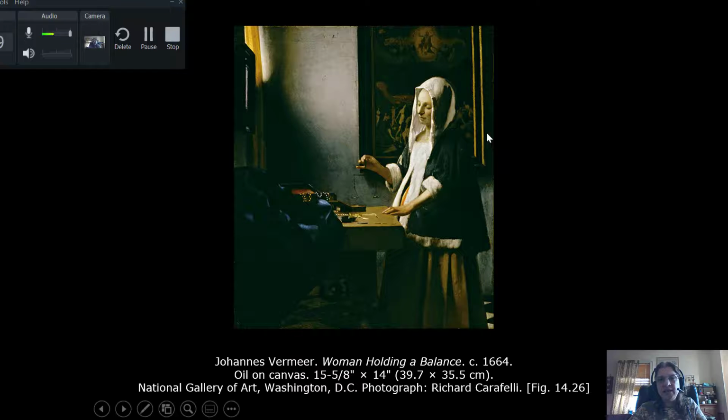So we've looked at many images of the Last Judgment. And so this woman turns her back to the painting. So what Vermeer is trying to state is that at this time period in Northern Europe, people are really less concerned with the church and with salvation and the afterlife, and they're more concerned with material goods.